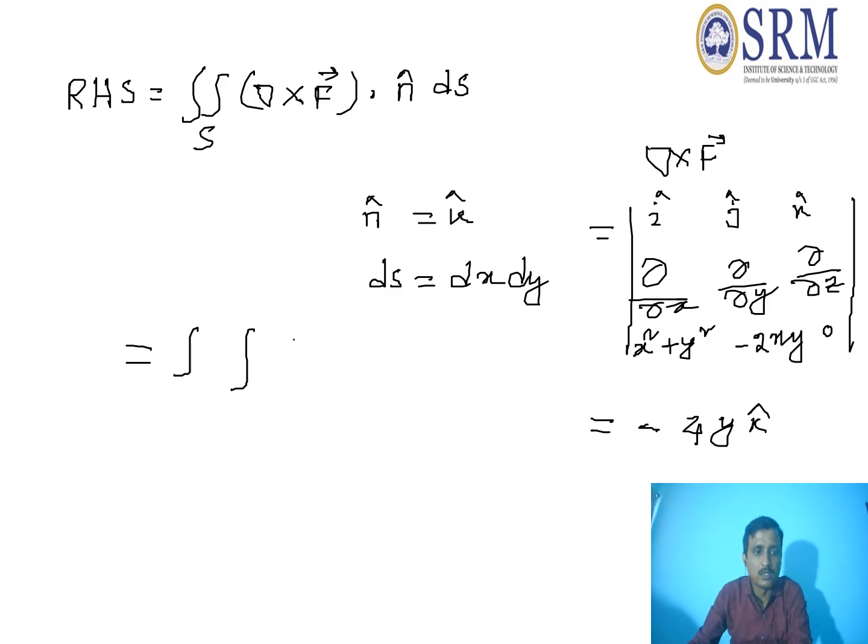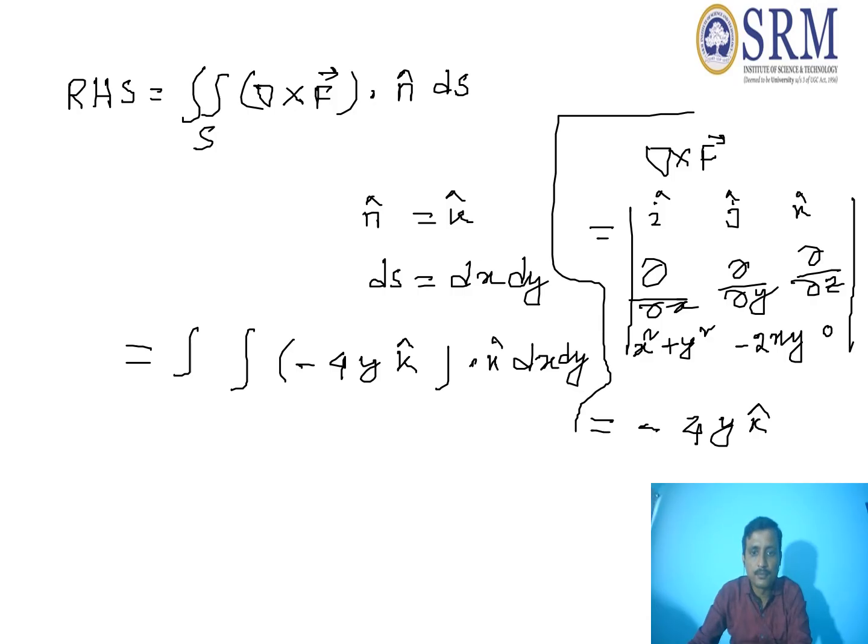It is basically minus 4yk dot k, dx dy. Okay, dx dy. But now we are going to write the limits.